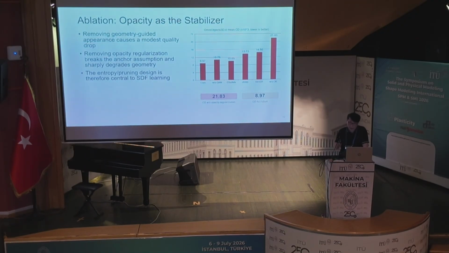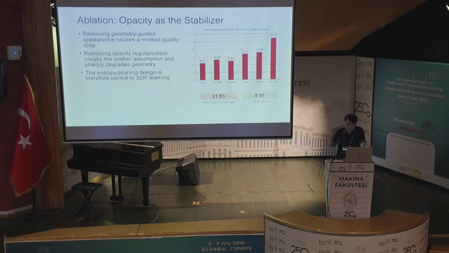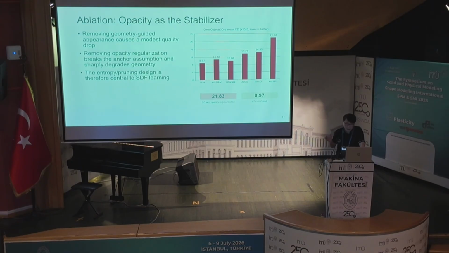The chamfer distance increases from 8.97 for the full GSurf model to 21.83 if we do not use opacity regularization at all. This means that the anchor assumption breaks down when opacity is not controlled. So the entropy and the pruning design is not just a small detail. In fact, they are the key mechanism that makes the direct SDF supervision from Gaussians very stable.